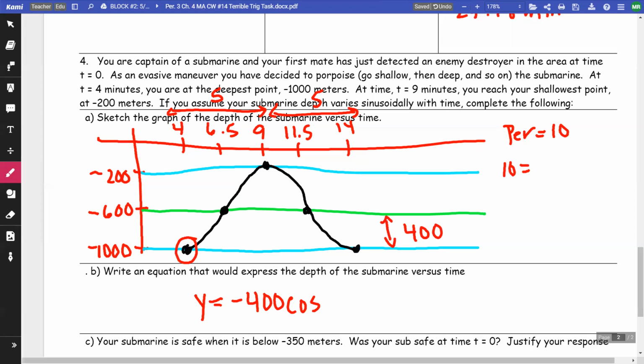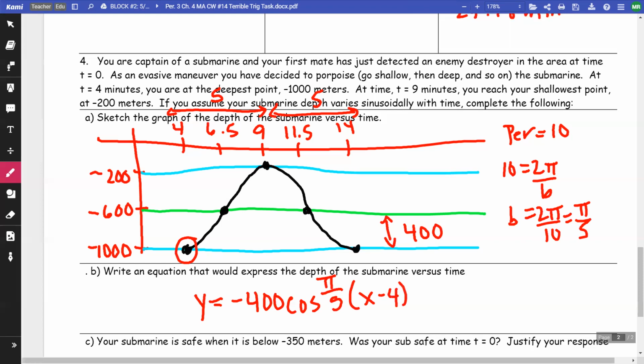So 10 is equal to 2 pi over b. So b is going to be 2 pi over 10 or pi fifths. And then we're going to times that by x minus 4, because again, I'm starting right here, and minus 600. And that's going to be our equation.